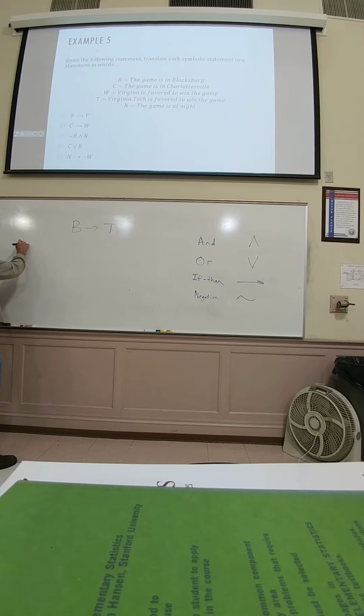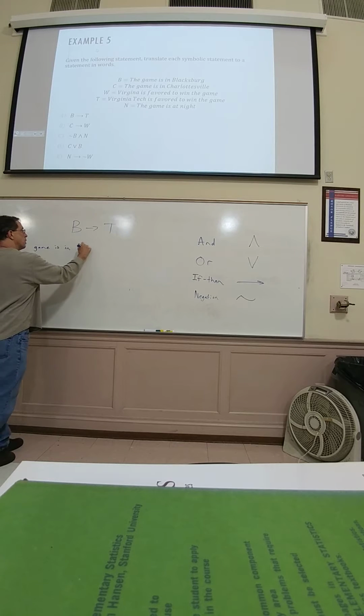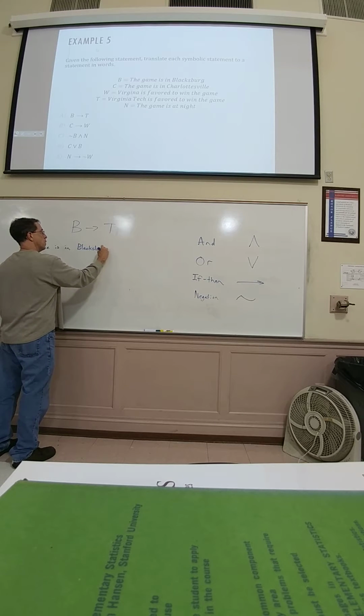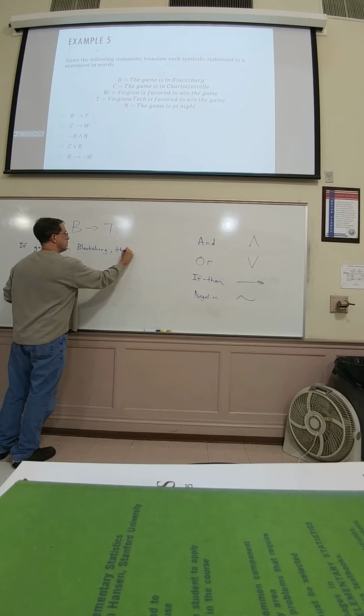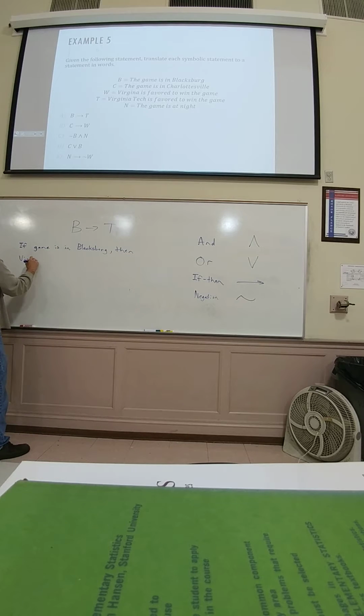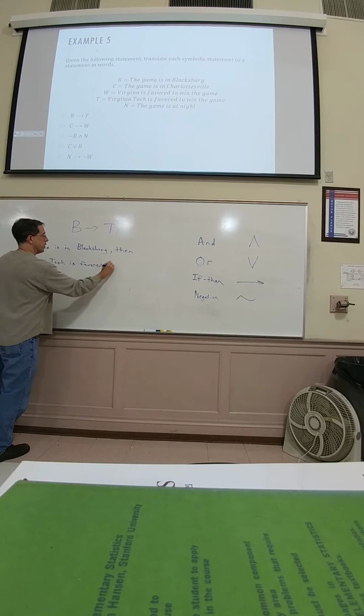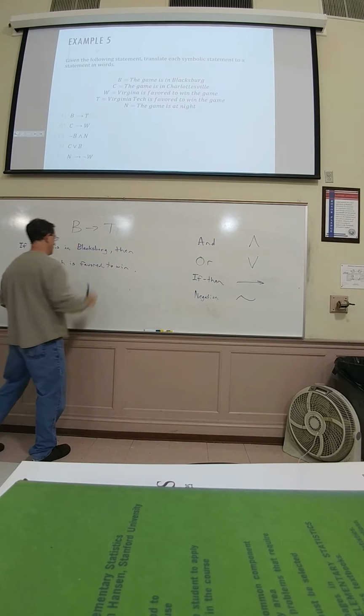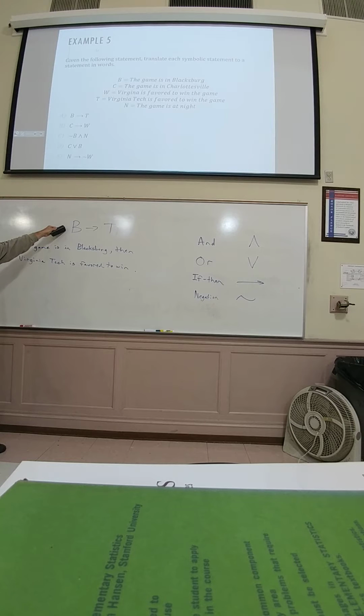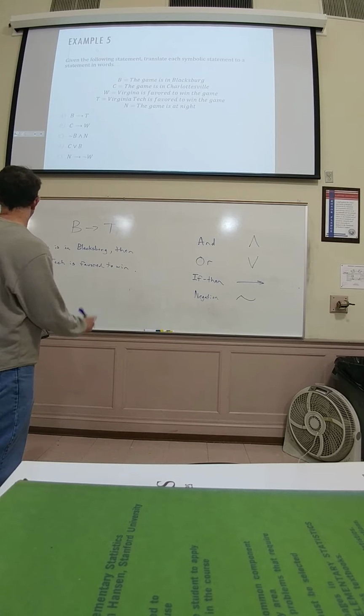So this is going to translate to this: if the game is in Blacksburg, then Virginia Tech is favored to win. And that's translating a symbolic statement to a statement in words. It's what I've just done.